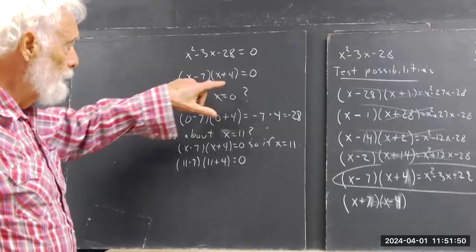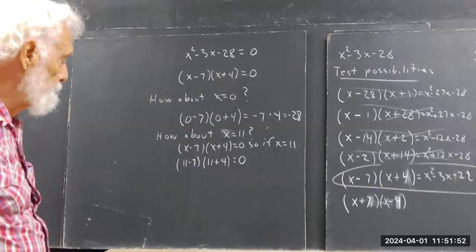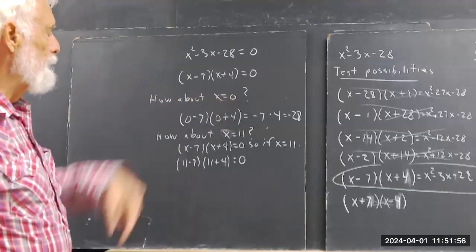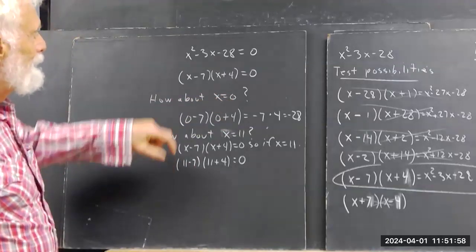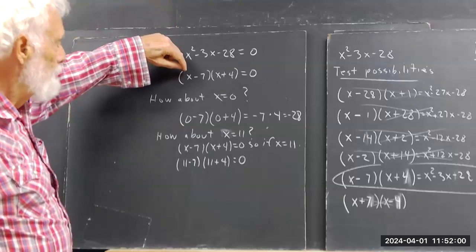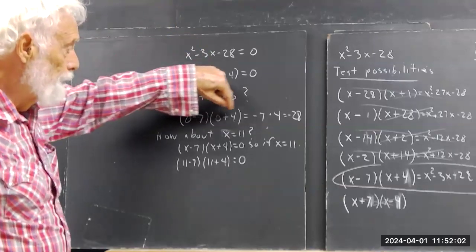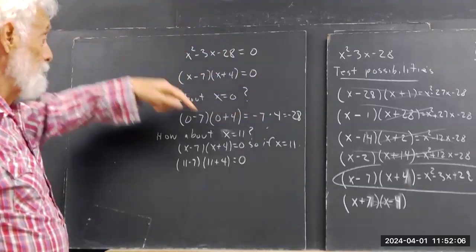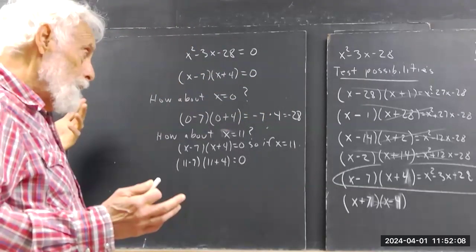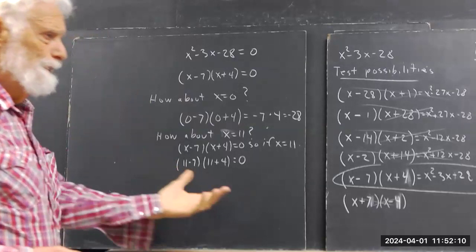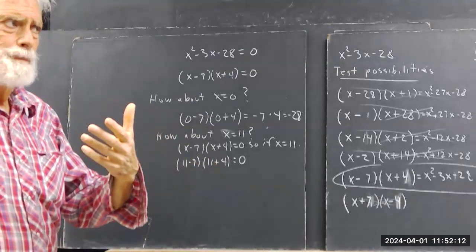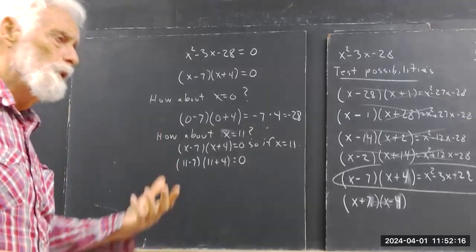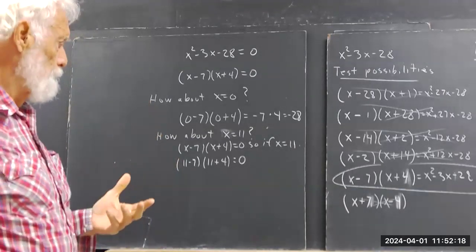But my point is, we're trying to find a number x that makes this zero. So when we say, what about x equals zero? Well, I assumed everybody would know that we just replace x by zero, we get this, and we don't get zero. Then somebody suggested 11. So, try it for 11, but most people didn't write it out correctly.